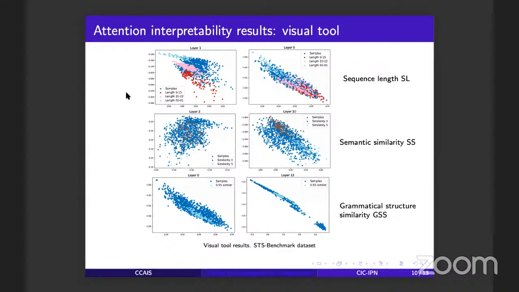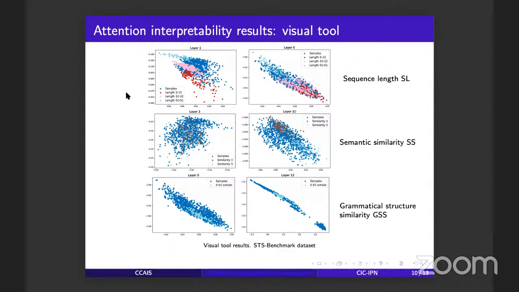Please continue. Thank you. In layer 8, the low and middle sequence length start to combine. In the case of semantic similarity in low layers, for example, layer 2, you can see dispersion. But in layer 10, you can appreciate a separation of similarity 0 and similarity 5.